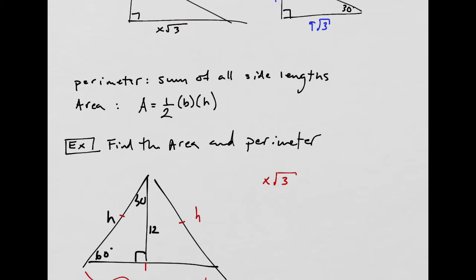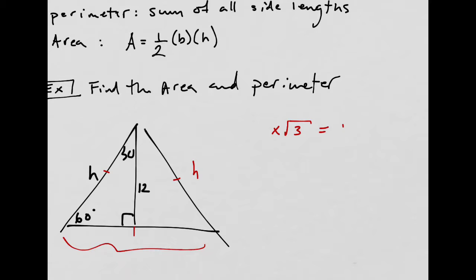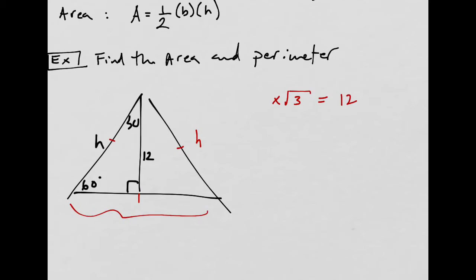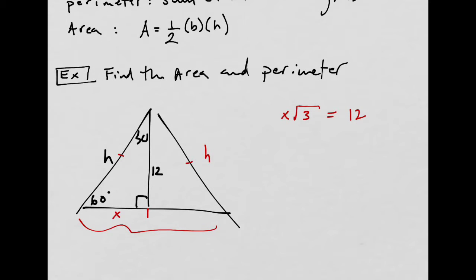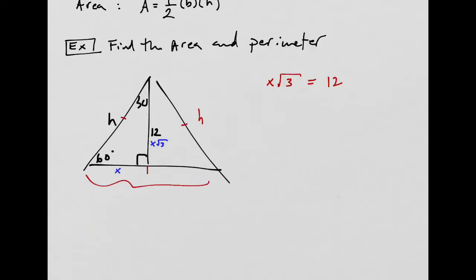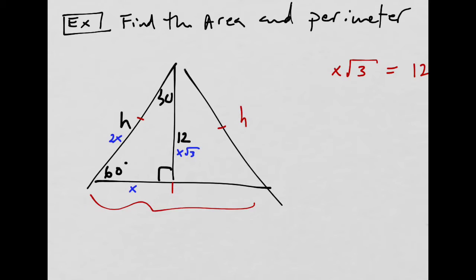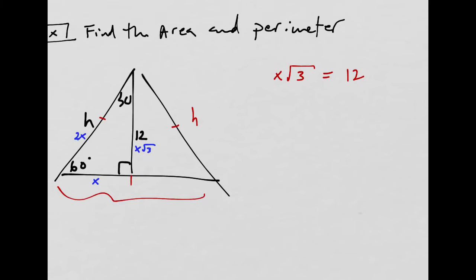This one would be x, this would be x times root 3, and this one will end up being 2x. I'm just trying to fit that format, and then if I figure out what x is, then I figure out this and that.